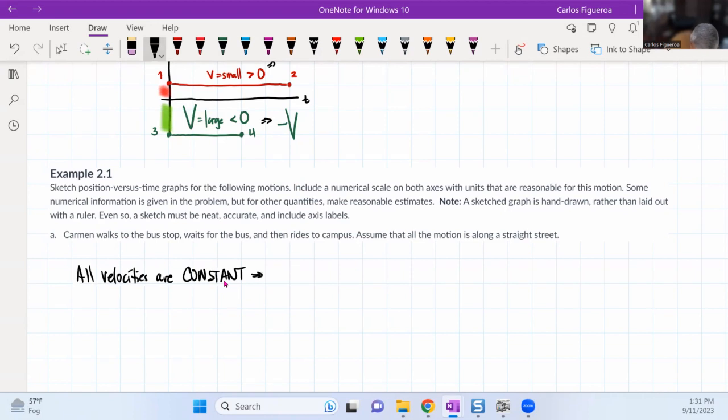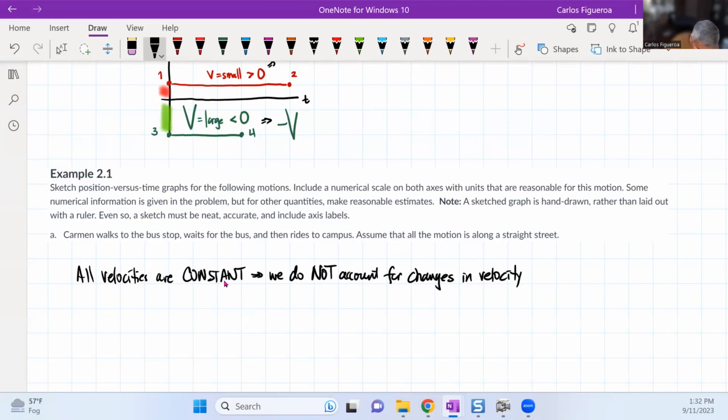So this means we do not account for changes in velocity right now. And all we're trying to do here is that we're trying to make things easy. Okay, just easy.